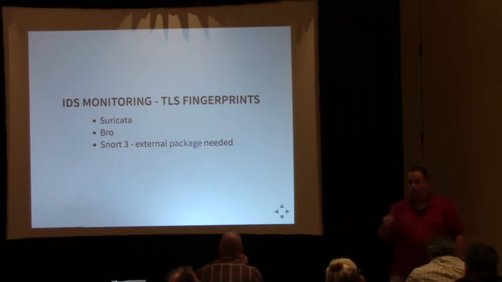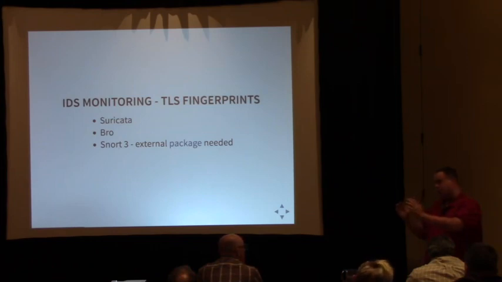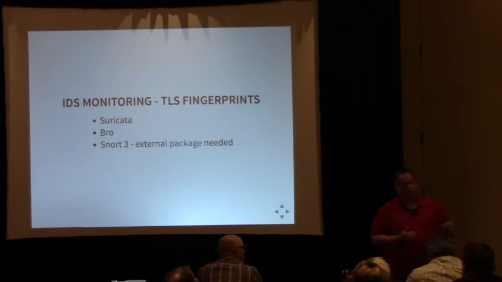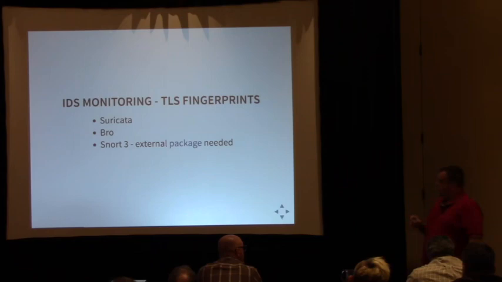Bro, even easier, using the threat intel framework, you just say SHA-1 and the SHA-1 certificate. And the nice thing with Bro, it'll find that certificate on any port. So if it's TLS on port 8443, Bro will find it because it actually looks at the protocols that are being used.